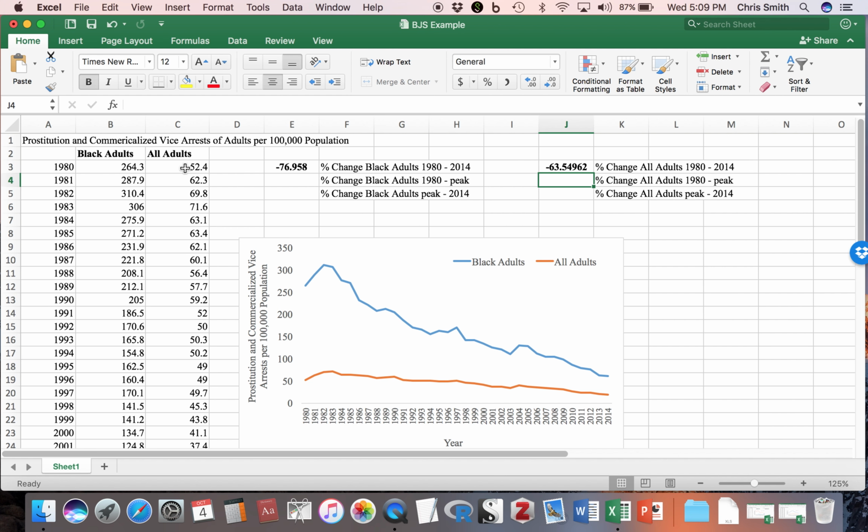Also negative, a 64% decrease. The decrease was smaller for all adults compared to Black adults.